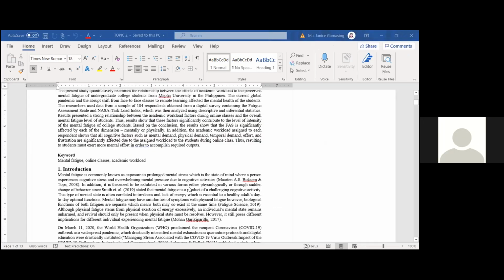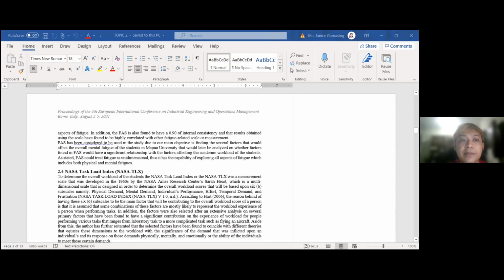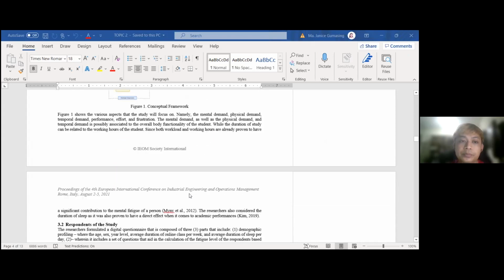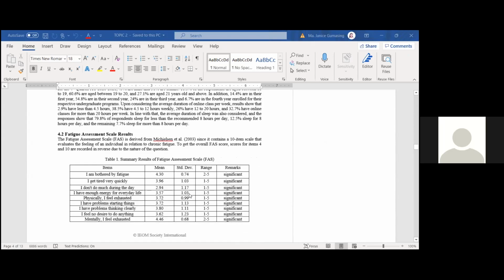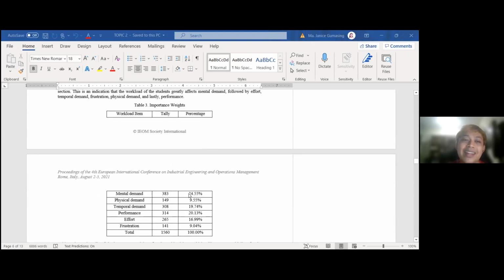Sir Yogi, question. What about the weights, sir? How do you set up the weights? The participants decide the weight, ma'am. So not from a reference, just from their perception? Yes. So essentially each participant has their own.